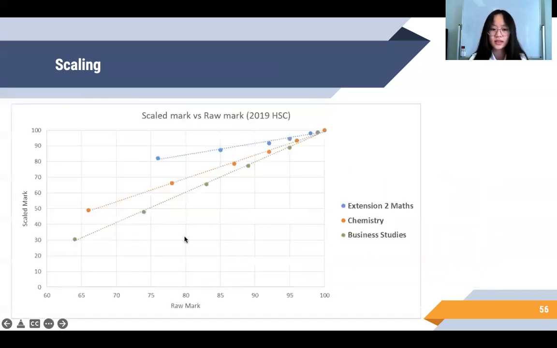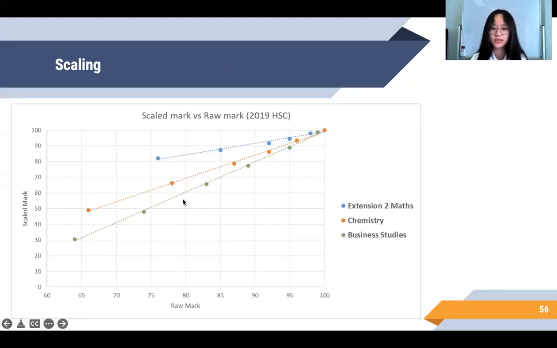Okay, just to illustrate this, as I mentioned, Extension 2 Maths is probably the only subject that gets scaled up. Most subjects get scaled down. So if you get a mark of 78, Extension 2 Maths gets scaled up to about 81. Everything from chemistry to business studies gets scaled down, but as you can see, chemistry is, according to NESA, more difficult than business studies.